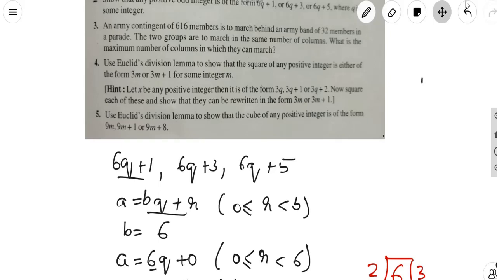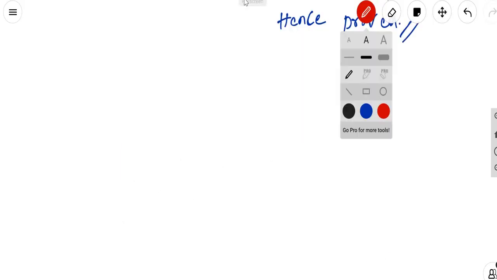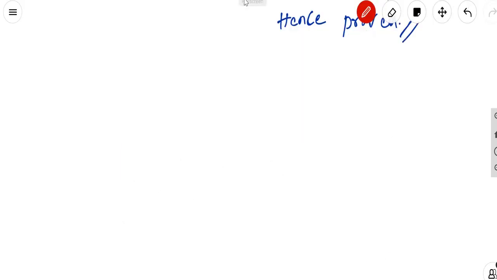Now if you properly observe this equation and compare, b is equal to 9. So if I take b is equal to 9, I'll write it down. If you have read question number 5 properly, it says the form of 9m, 9m plus 1, or it could be in the form of 9m plus 8.